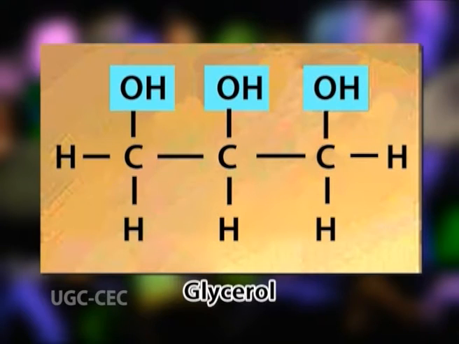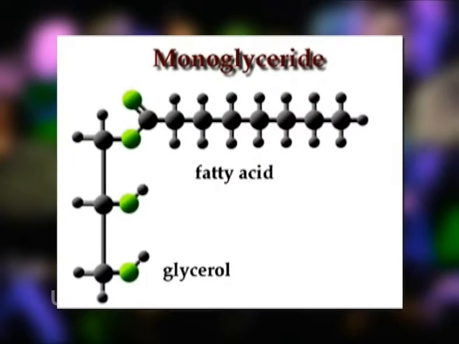Glycerol, which is an important constituent of the lipids, is a trihydric alcohol having 3 hydroxyl groups which can be bonded to 3 fatty acids. When one fatty acid is bonded with one of the hydroxyl groups of glycerol, the resulting compound is a monoglyceride.